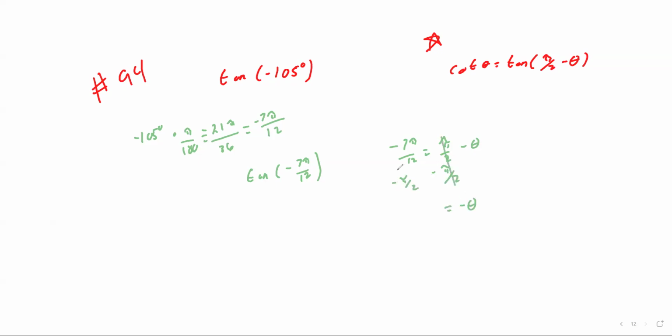So I get negative theta just like last time. 12 is your least common denominator. So that'd be negative 7 pi 12ths minus 6 pi 12ths. And so that gives you negative 13 pi 12ths. But that's what negative theta equals. So positive theta must be 13 pi 12ths. So therefore, our answer must be cotangent of 13 pi 12ths, right?